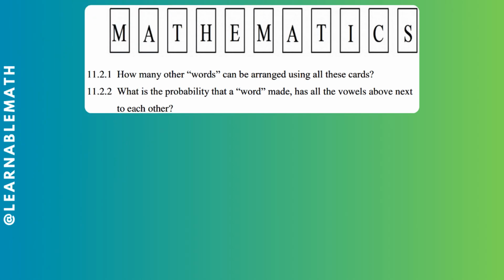Okay, so we are given cards, right? These are cards that have letters on them, and you can see they're forming the word mathematics there. The first question is asking how many other words can be arranged using all these cards.